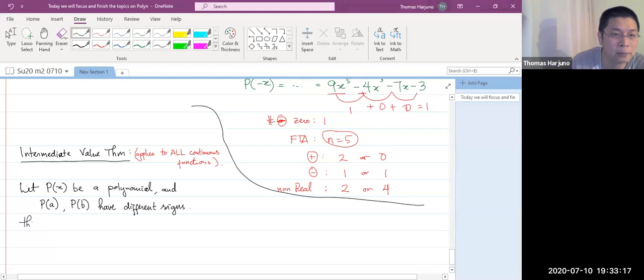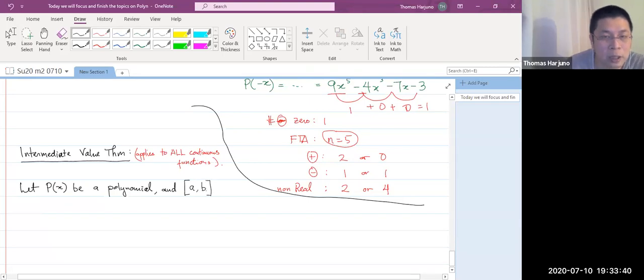Then, actually, this is not precisely what the polynomial intermediate value theorem says. Let me erase this. Maybe I say it this way. And let's assume a is less than b. Okay. And on the number line, a is to the left of b.